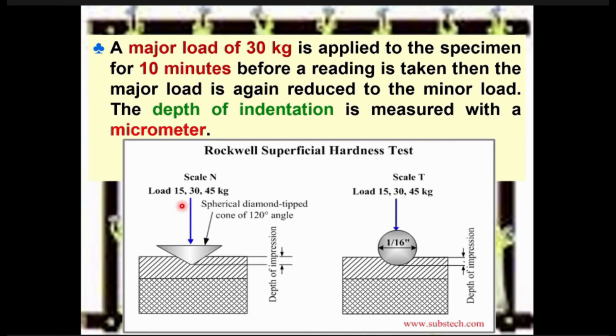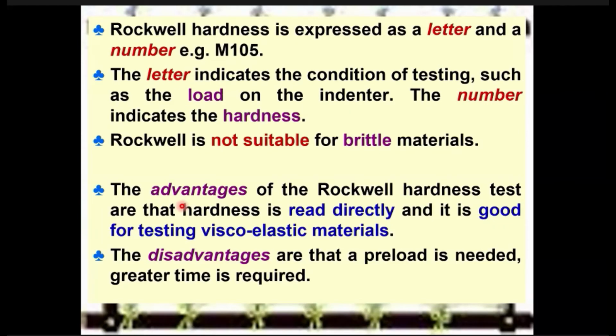We can directly calculate the hardness. It is simply scaled in digits, and it can give us hardness from 0 to a number above, like around 150, because rubber or elastic materials are not very hard. So it can tell us from 0 to around 105 or 110, increasing with hardness.